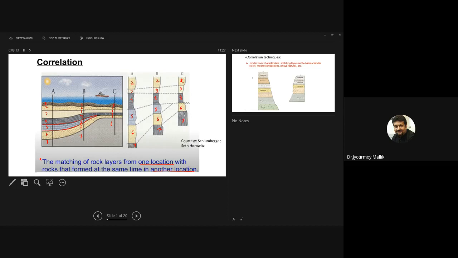The way you establish this picture from these three discrete log panels is called correlation.